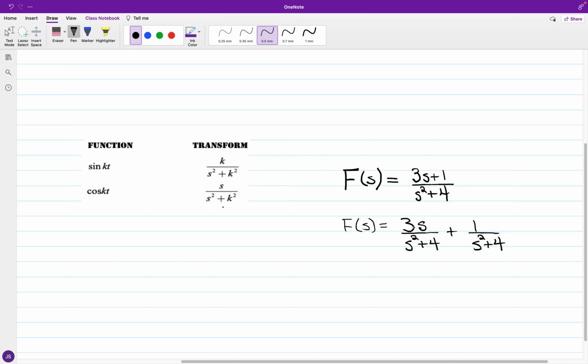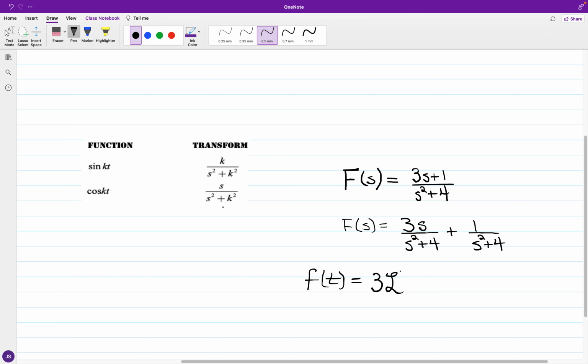And letting first things be first, you have s over s squared plus k squared, and to get this in terms of what we have in the corresponding transform, we can treat 3 as a multiple.